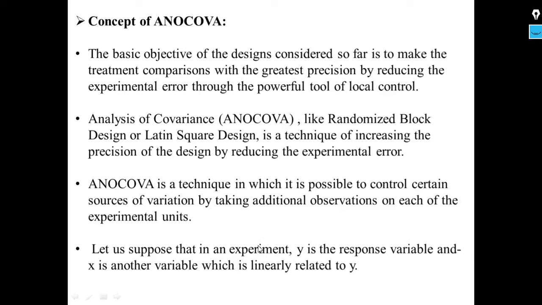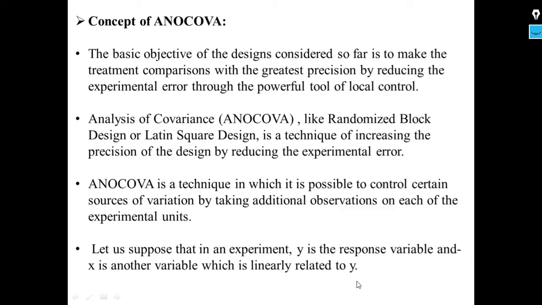Suppose we consider one experiment. In that experiment y is our response variable, and we consider another variable x which is linearly related to y.